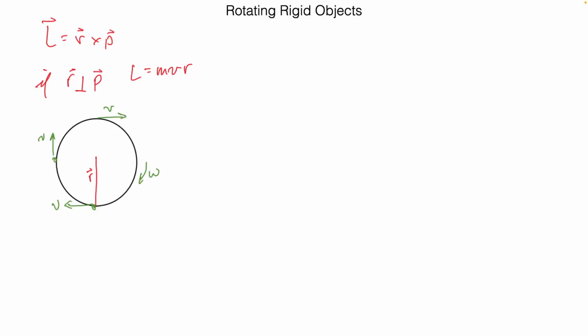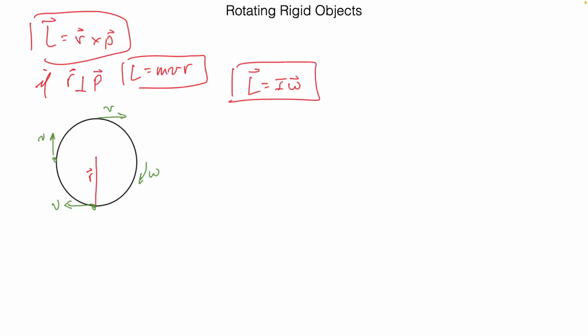Okay. And then, as I already showed you, and this has to do with rotating rigid objects, meaning things that are more than point particles, we can also do I omega. And here I can put the vector signs on it because the direction of angular momentum is the direction of angular velocity.